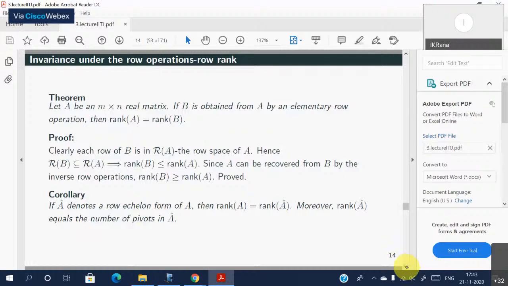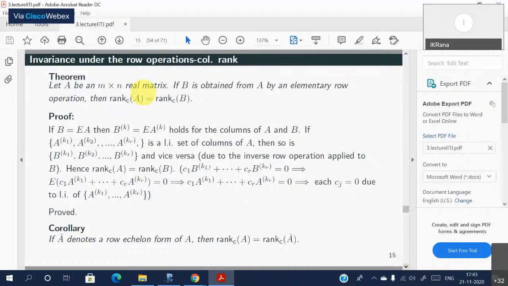The second observation we want to say is that if you look at row operations and look at the column space, that may change, but the rank of that does not change. So what we want to say is, if a matrix A is changed by elementary row operations to a matrix B, then the rank of A is the same as the rank of B. Why is that?